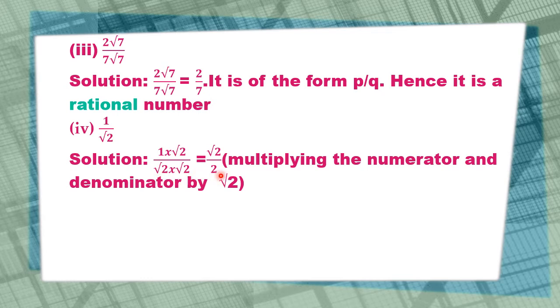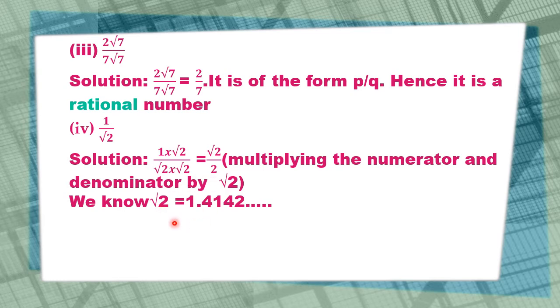I also told you previously, you need not worry about the numerator. In the numerator, you might get an irrational number or a rational number. That is not the question. The first step is to rationalize the denominator. Once the denominator is rationalized, just multiply the numbers in the numerator. Here it is root 2 upon 2.